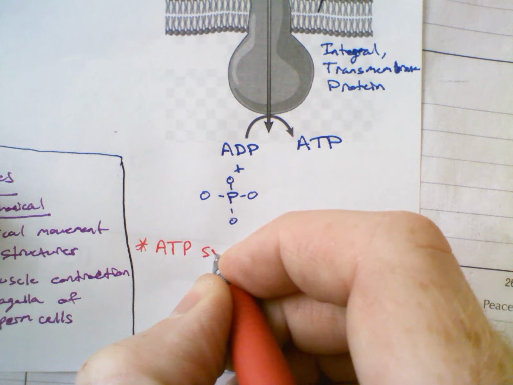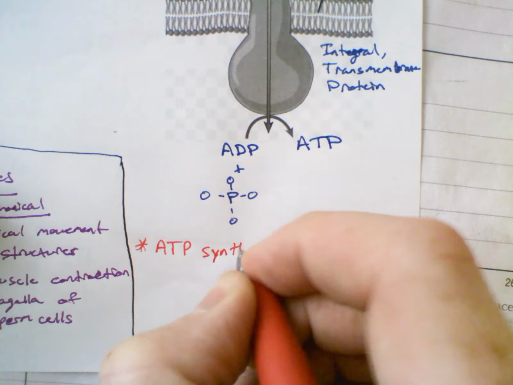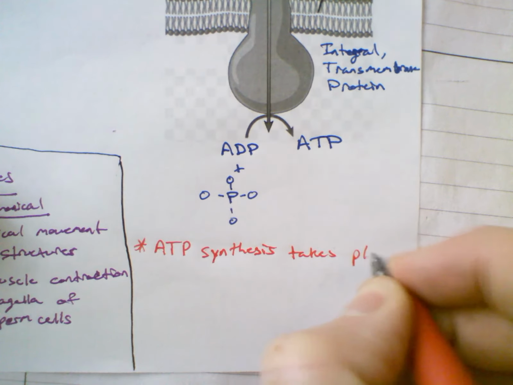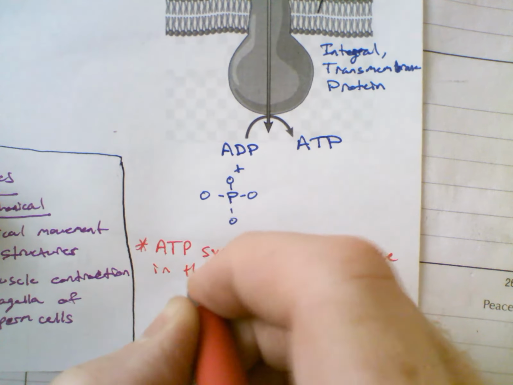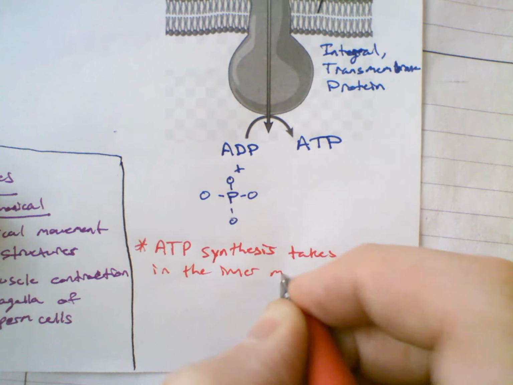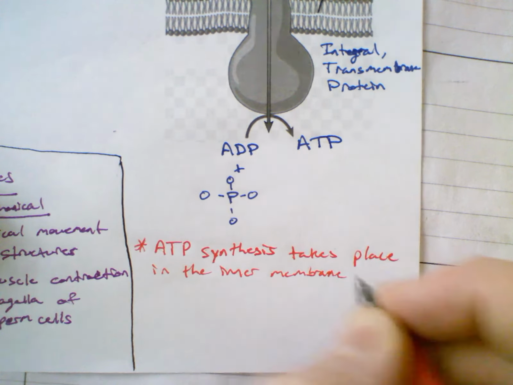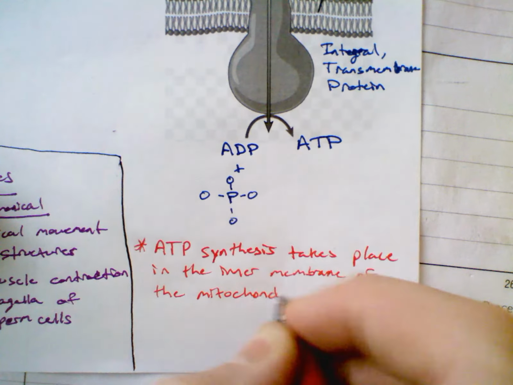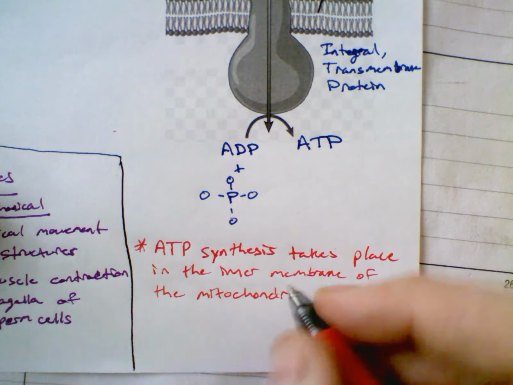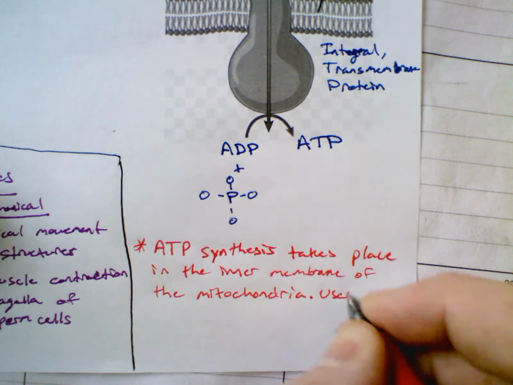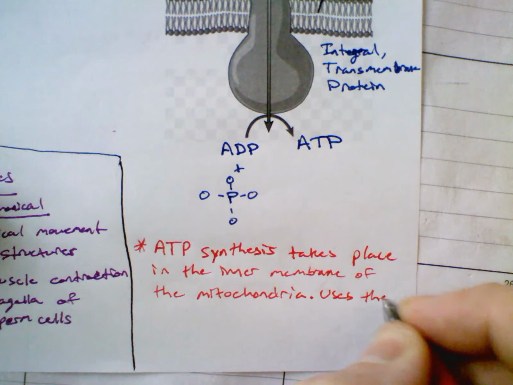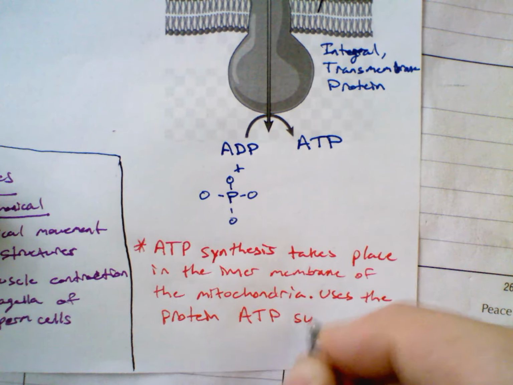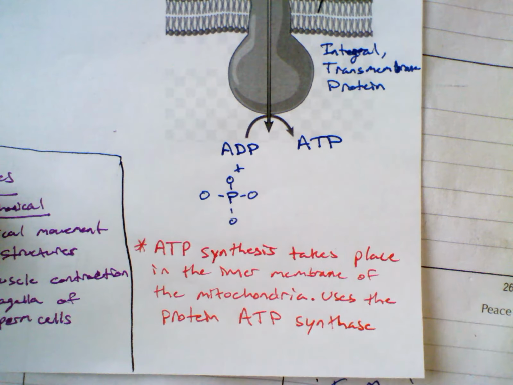ATP synthesis takes place in the inner membrane of the mitochondria. Uses the protein ATP synthase.